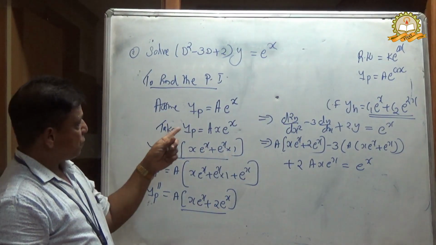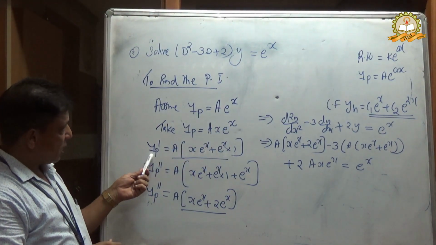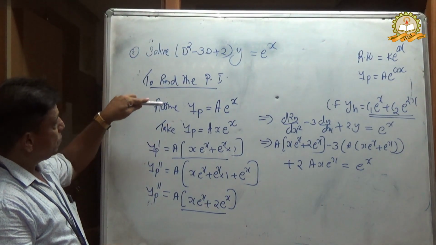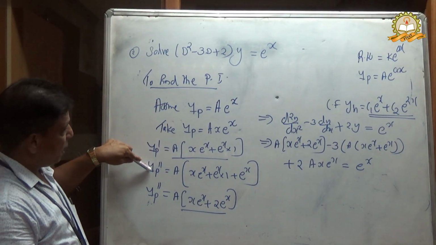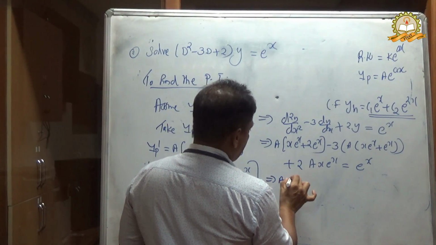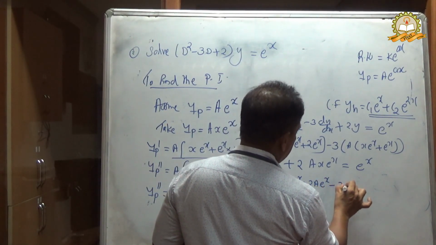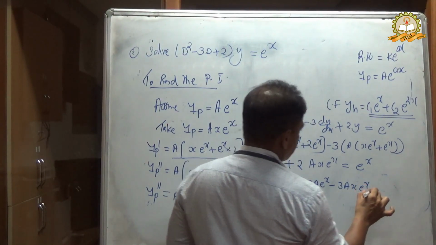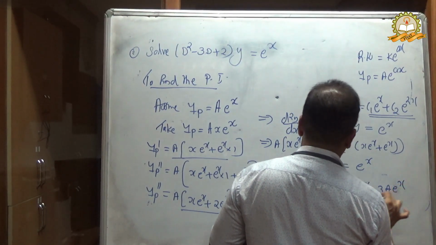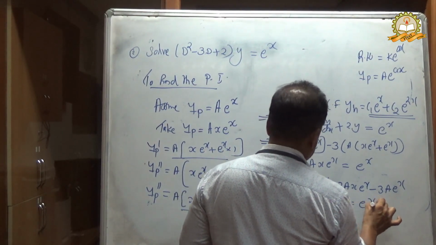So after assuming yp as a into x into e raised to x, we take the derivatives yp dash, yp double dash, then substitute in the given problem. Then removing the brackets: a x e raised to x plus 2a e raised to x minus 3a x e raised to x minus 3a e raised to x plus 2a x e raised to x equal to e raised to x.